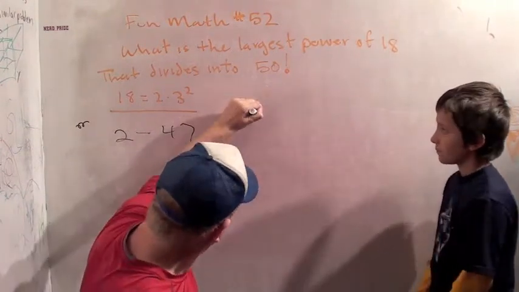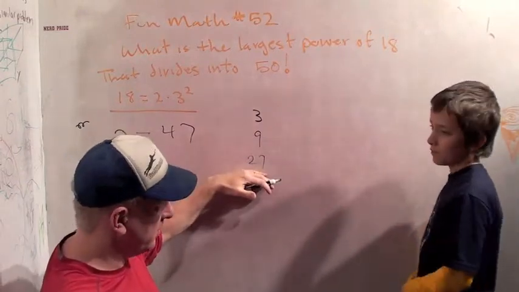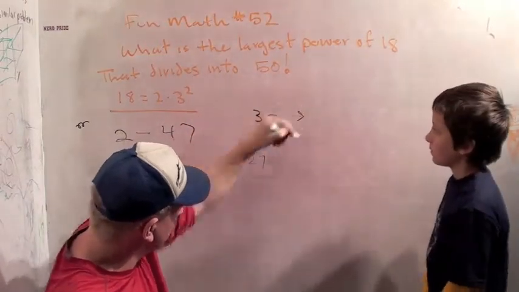So 3, 9, 27, that's going to be the largest power because 81 doesn't go into 50. So how many 3's go into 50 factorial?